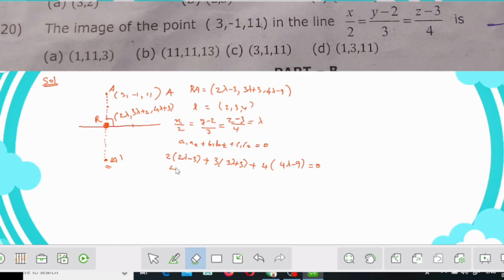Now you simplify this. 4 lambda minus 6 plus 9 lambda plus 9 plus 16 lambda minus 36 equal to 0. So adding 4 lambda plus 9 lambda, 13 lambda, 13 plus 16, 29 lambda.